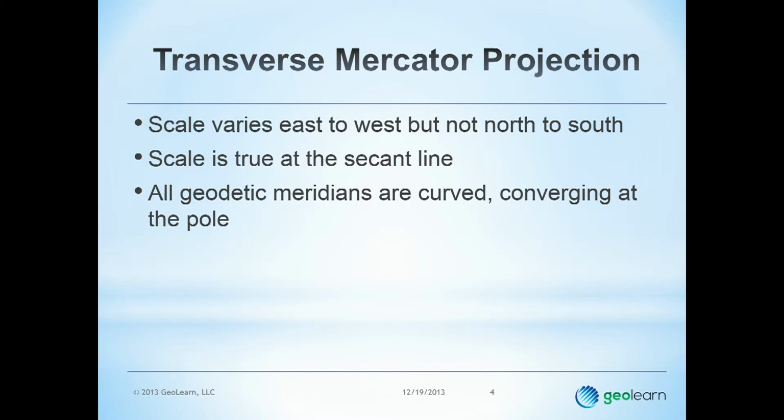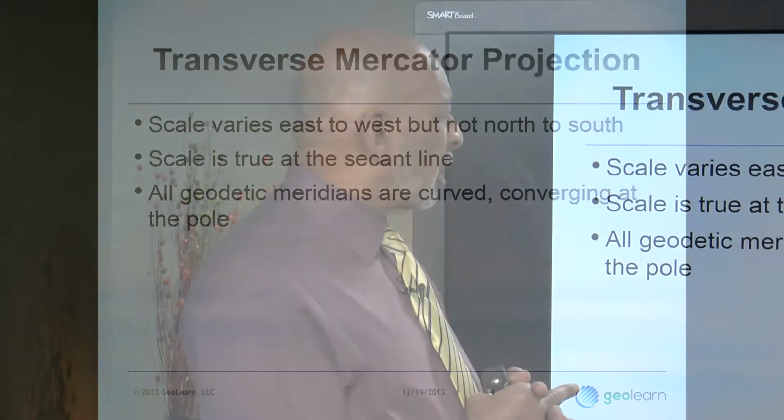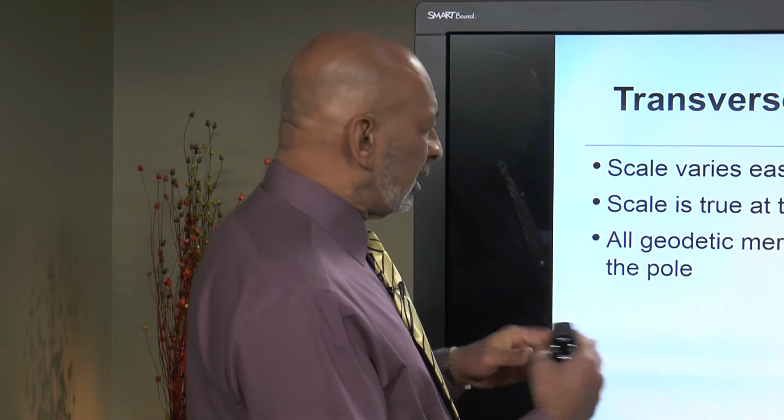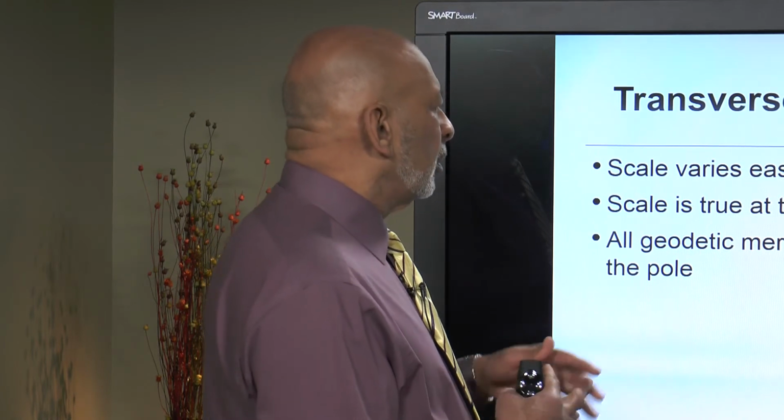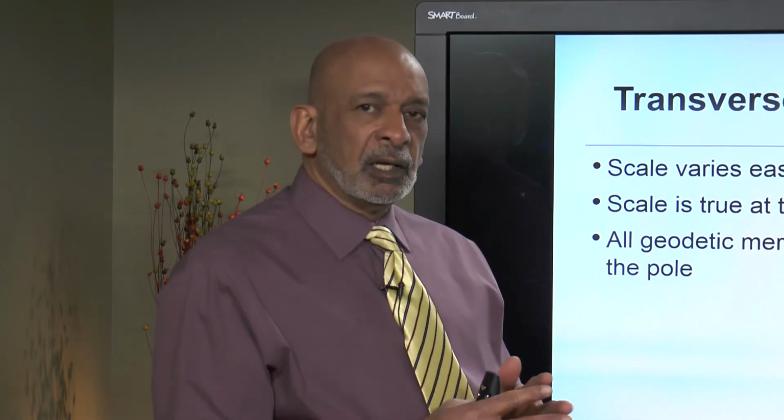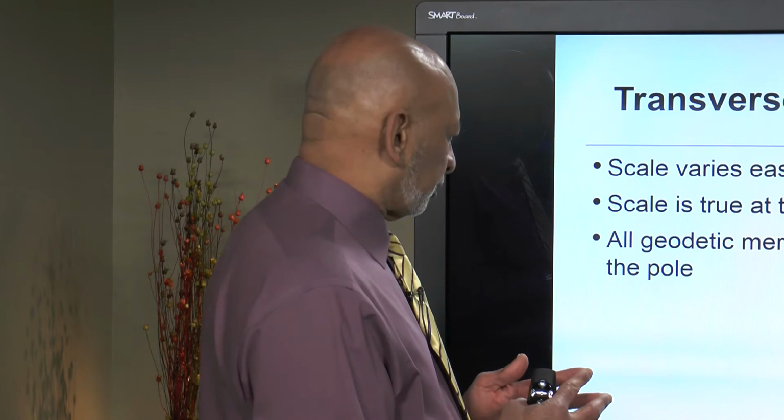And on transverse Mercator projection, you should know that after it is on the grid, all geodetic meridians, that is north-south lines or lines of longitude, are still curved on the projection converging at the pole. And I'll have an illustration of most of these concepts in different ways, in different slides, but I just wanted to put this in text so that you have it as a good marker.